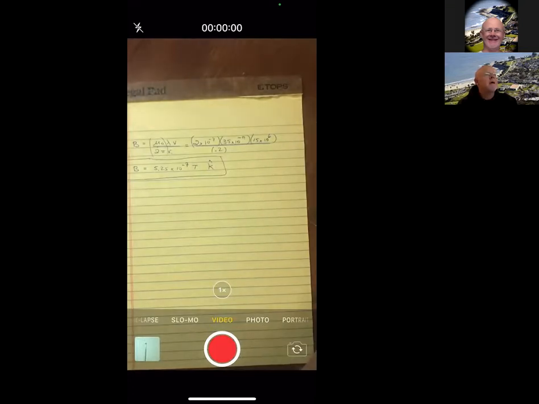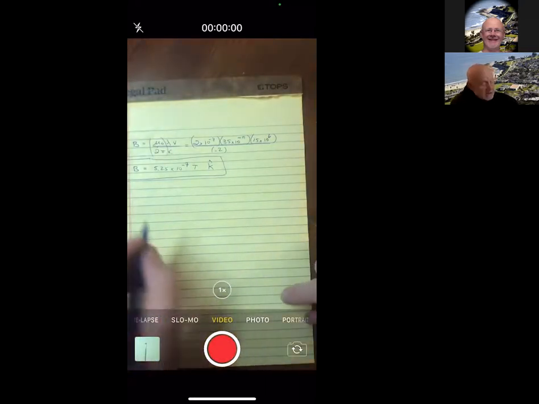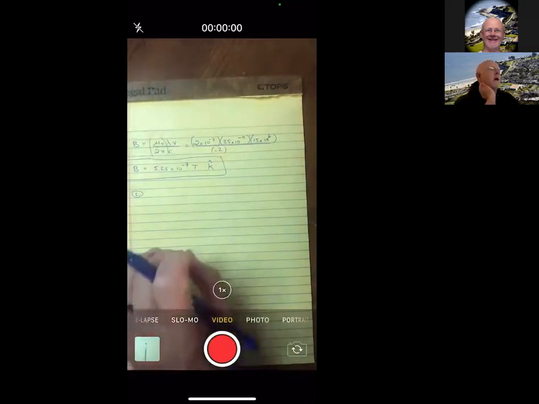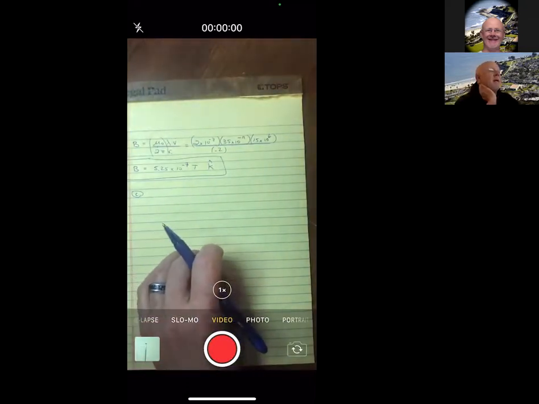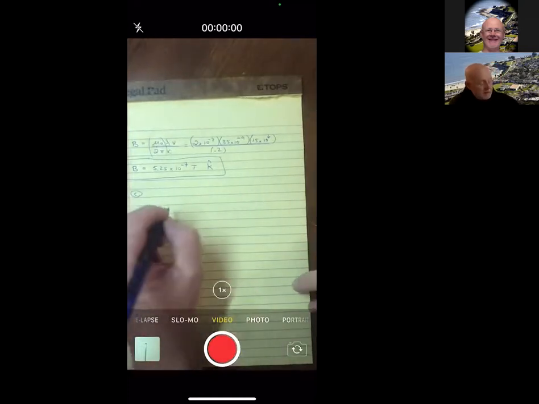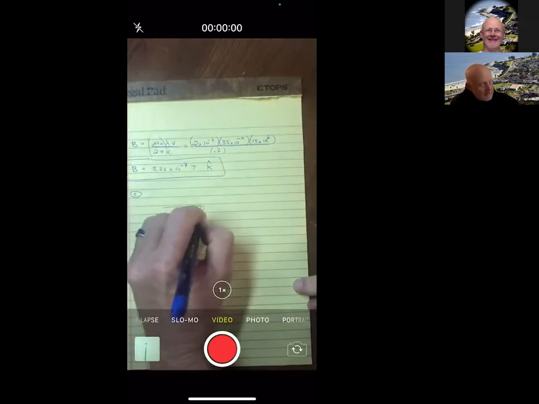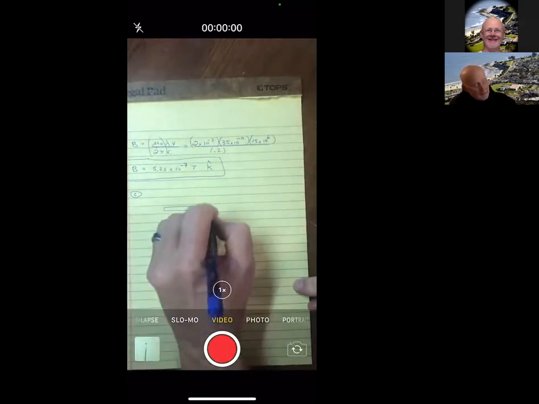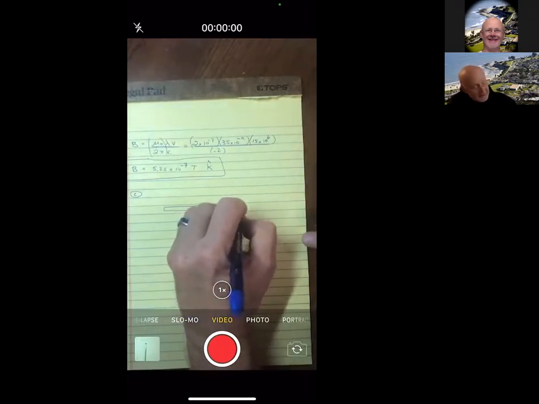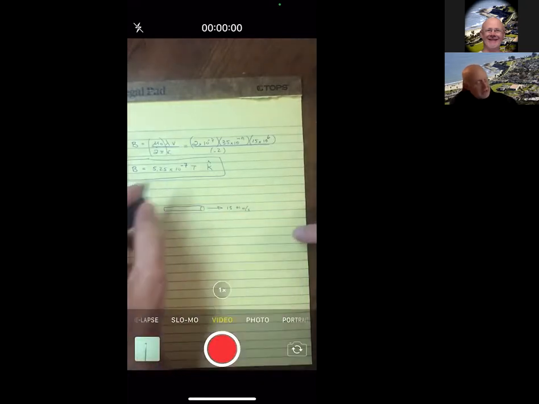Nice. All right. And so now we can get to maybe the last step, which is still a pretty tricky step here, but part C says, find the force exerted on an electron at this point that's moving with a velocity of, so I draw the rod here. Remember, the rod was moving at 15 million meters per second.